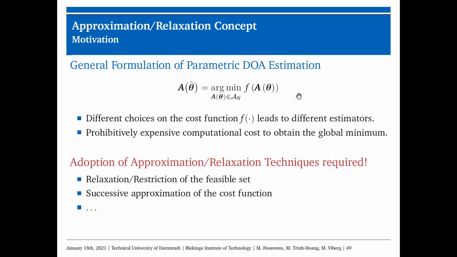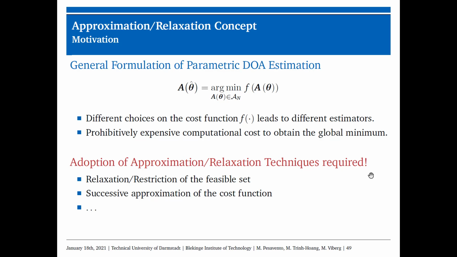Therefore, generally it requires a high computational complexity to obtain the global minimum of this optimization problem. In order to alleviate this difficulty, we are going to resort to approximation relaxation techniques to obtain a suboptimal solution of the original problem.